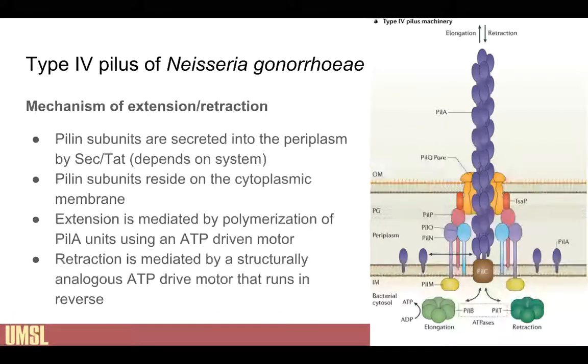These pilin subunits are secreted into the periplasm via the Sec system. They actually have a membrane binding component, so part of them is an integral membrane protein, and they reside on the periplasmic face of the cytoplasmic membrane.